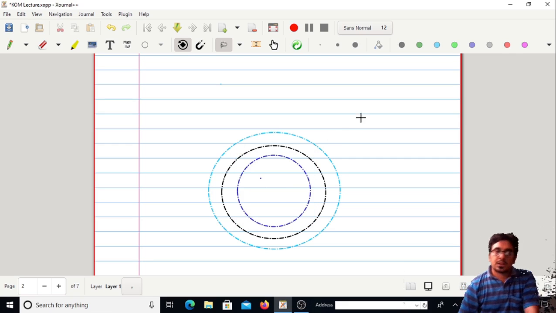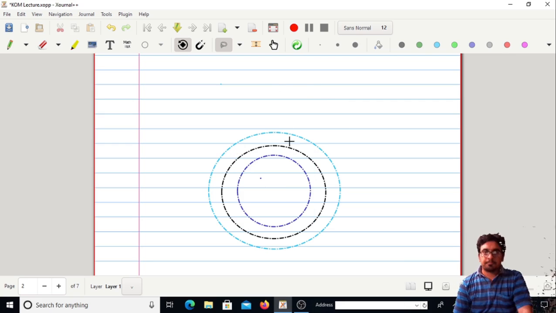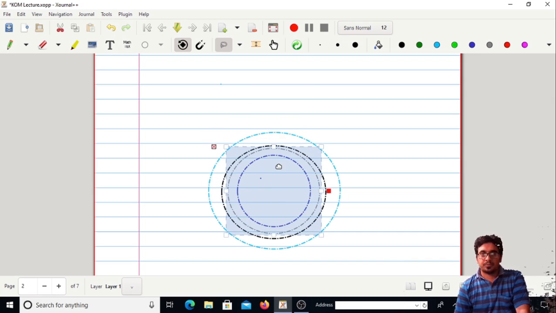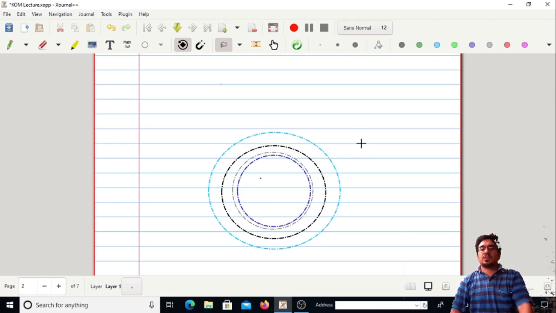This is the third circle and the fourth one. This is the fourth circle, just above the lowest one. Fine. So these are the 4 circles.